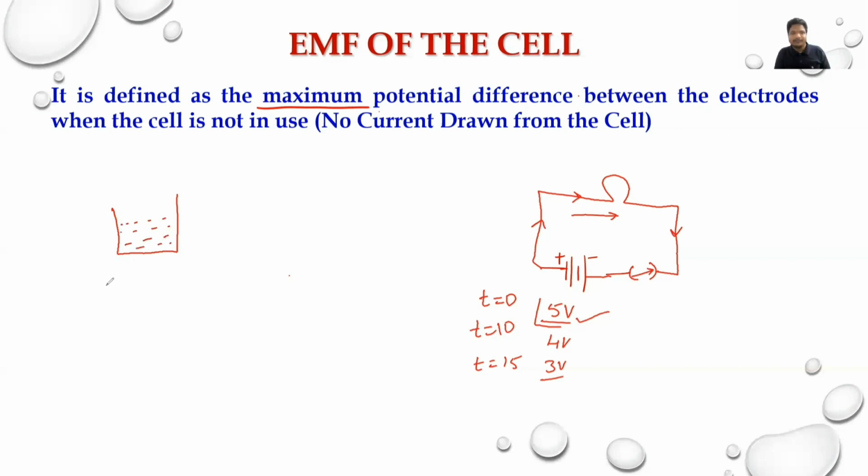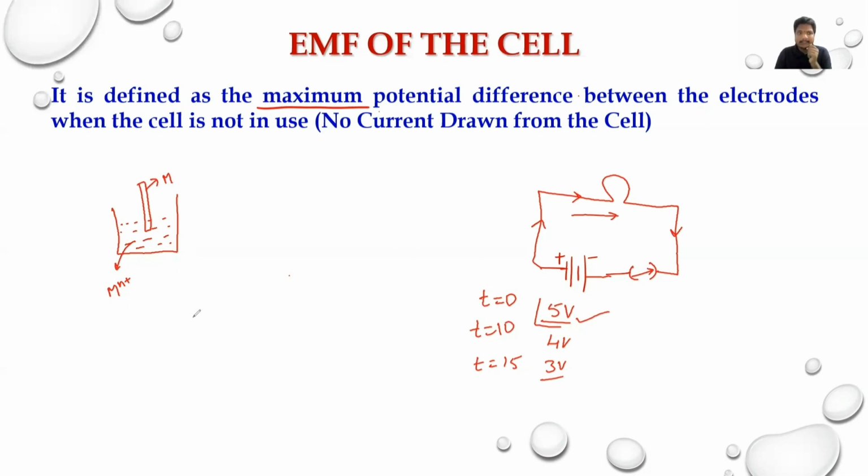Here we have metal ions with M n plus charge, where M is the metal and n plus is the valency of that metal. Now I place a metal rod of the same metal which is present in the solution.